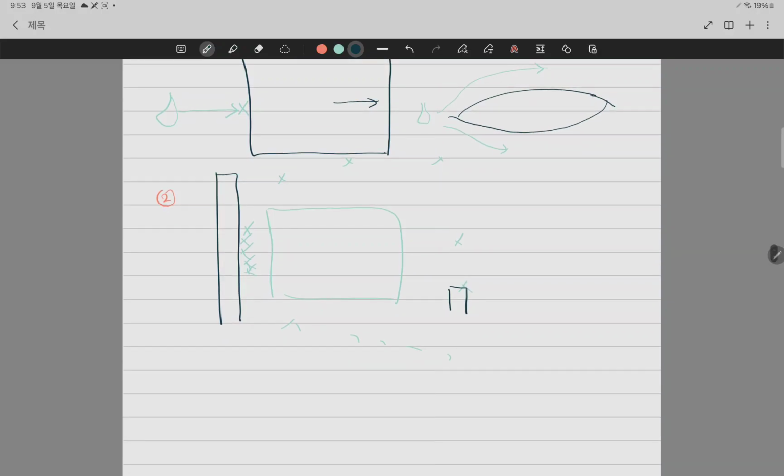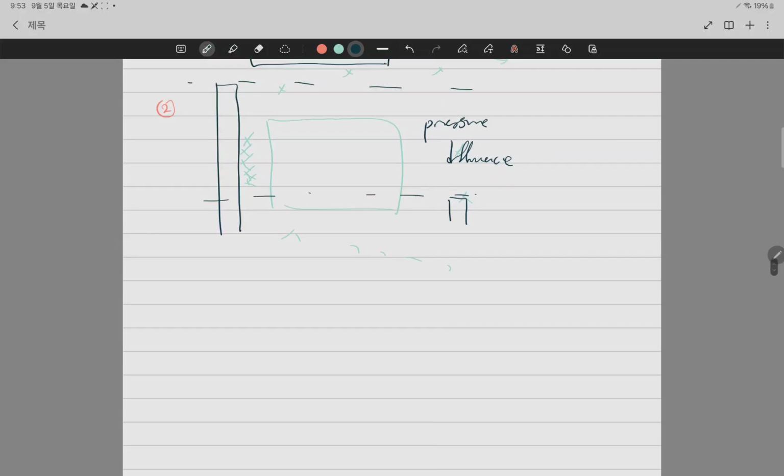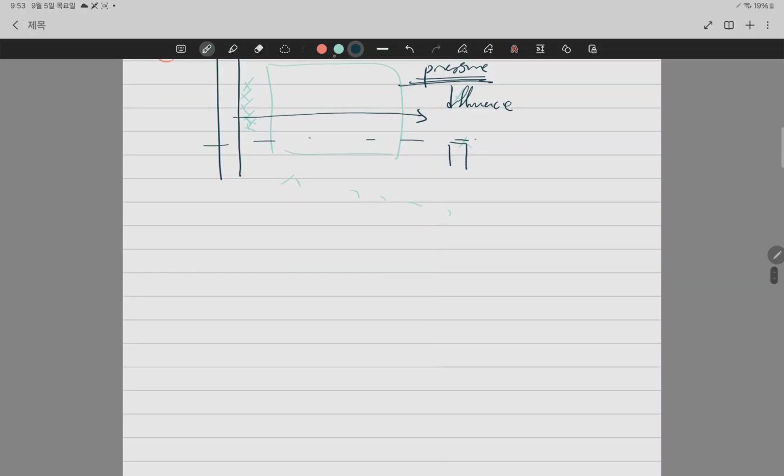All right, so there is this much pressure difference, and if there's a pressure difference, then because nature wants to stabilize all the pressure, they want to make it all equal, the ship will actually be pushed back because of this accumulation of pressure.